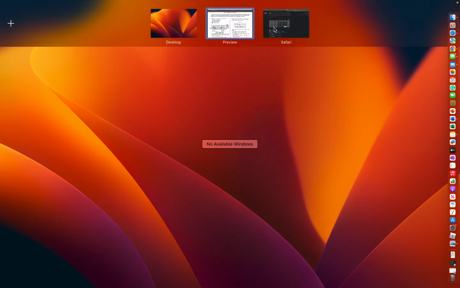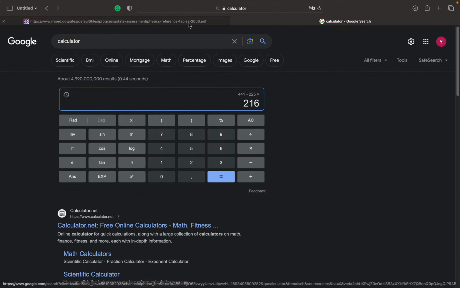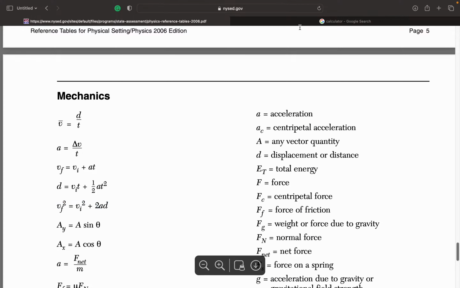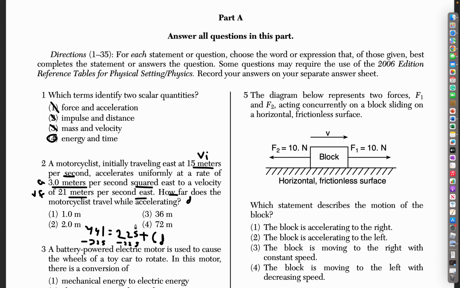No, not 300. 441 minus 225. That's 216. So I'm going to get 216 equals 6d. 216 divided by 6: 6 goes into 21 three times, then 6 goes into 36 six times, so it's 36 meters.